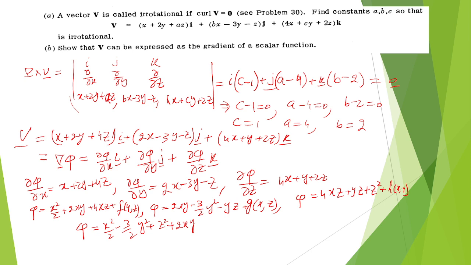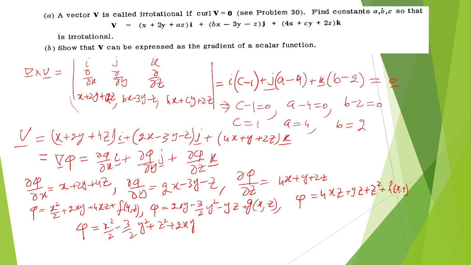This is minus 3y and this is minus z. So this should be minus yz.